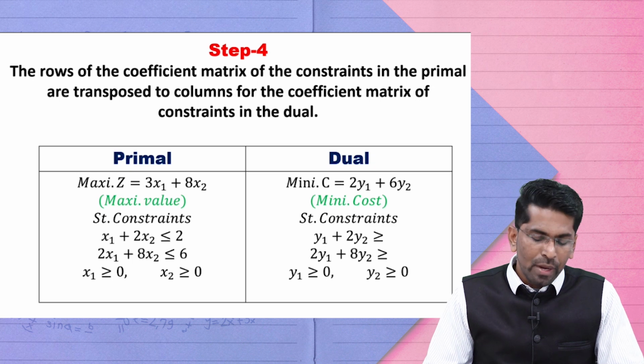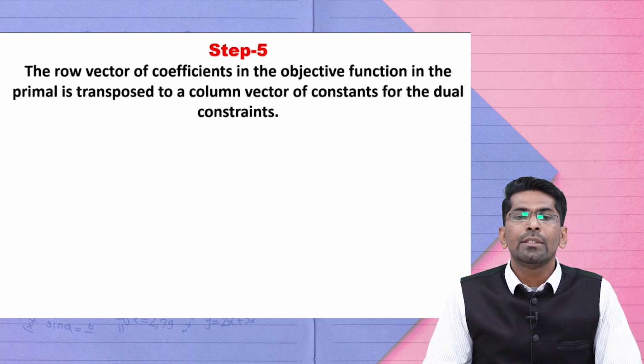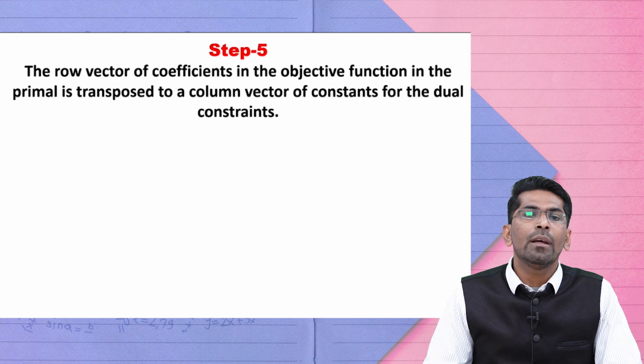Then after finding this step 4, the next step is that the row vector of the coefficients in the objective function in the primal problem is transposed to the column vector of the constants for the dual constraints.